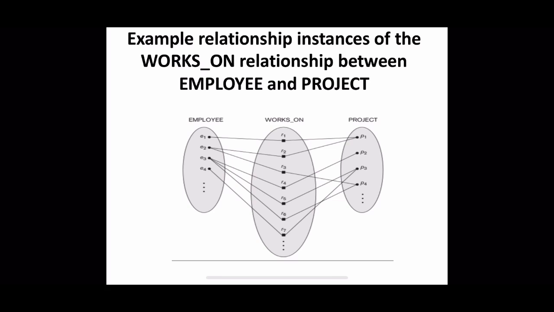Another example we can see here is the works on relationship type, which connects the employee entity type with the project entity type. Here we have a set of instances of this employee entity type, E1, E2, etc. En, related to these project instances P1, P2, etc. through some instances of the relationship type works on, R1, R2, etc. You can see here the instance E1 of employee is related to P1, whereas E2 is related to both P1 and P4.